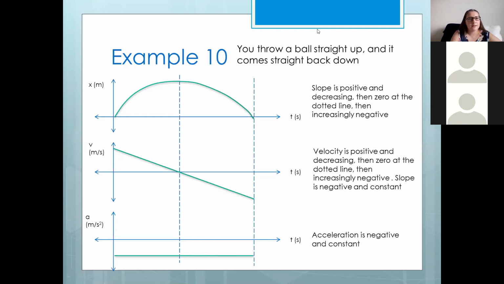Idealizing things is, yes, kind of needed to keep the math introductory. You'll find that the farther you go into your physics career, the less and less idealized the situations become.